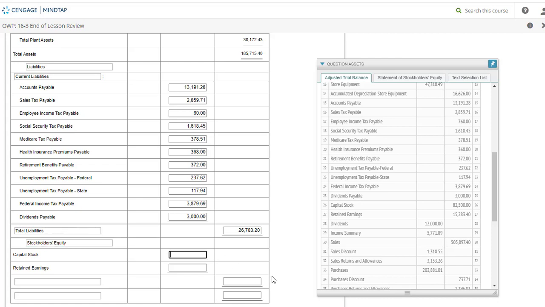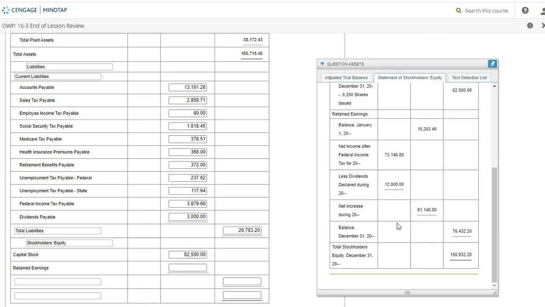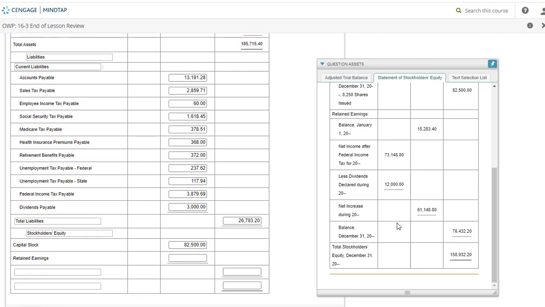And our capital stock is this 82,500. Our retained earnings is not this 15,000. It's on the statement of stockholders' equity. It's what we found earlier, which is the 76,432 that we found from the previous lesson.